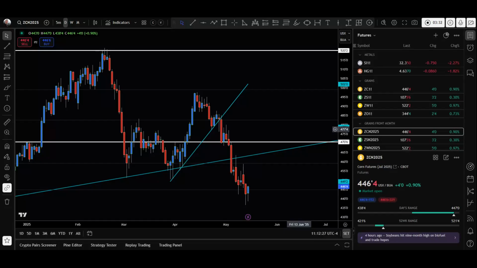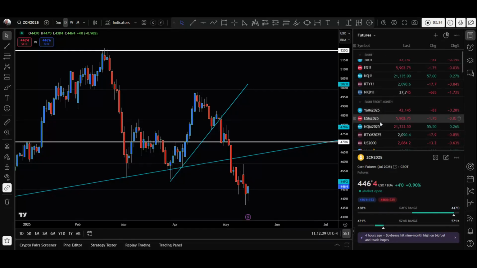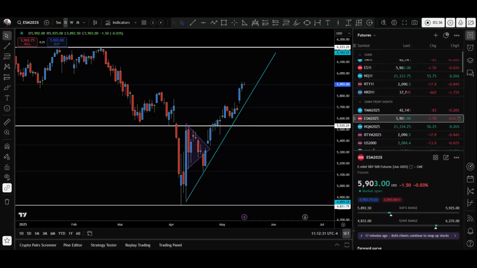Let's look at an uptrend real quick here. Here's the S&P 500. Here's my 3-bar trend line. And so you want to be a buyer on a break above resistance. But where do you buy? We're going to get to that in a minute.